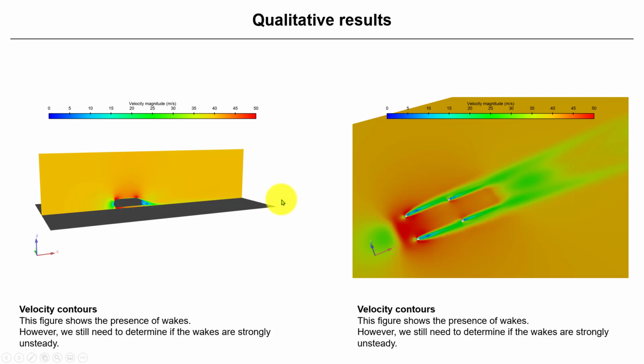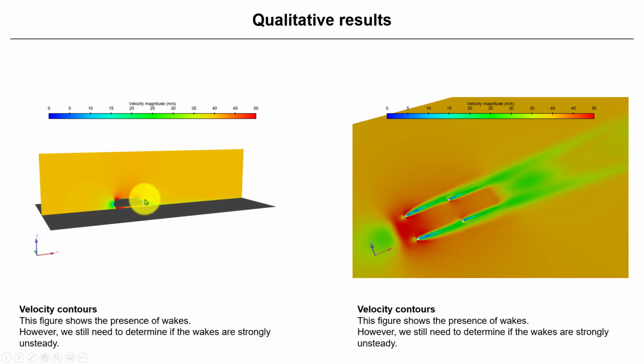Then we look at velocity contours and what I was mentioning previously. Okay, so here at the bottom where you have the support of the body, you see that you have these small cylinders, and as you see here, you have a wake. Is this wake strongly unsteady? I don't know, it's up to you to assess that, or maybe you can neglect this because you will realize, okay, this is a small portion of the geometry, so it won't strongly affect my whole drag or lift computation.